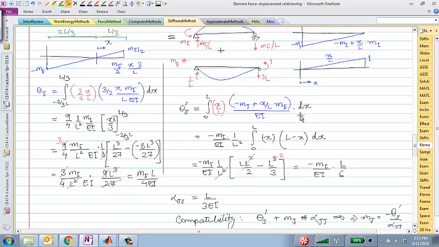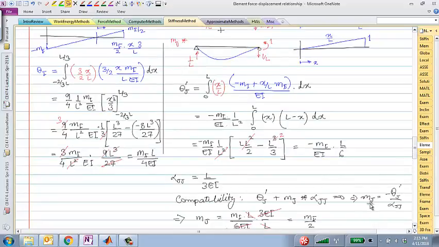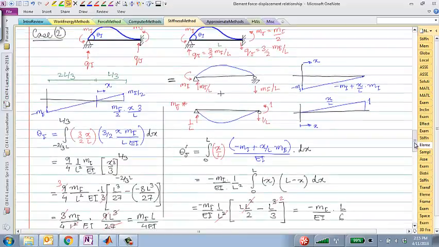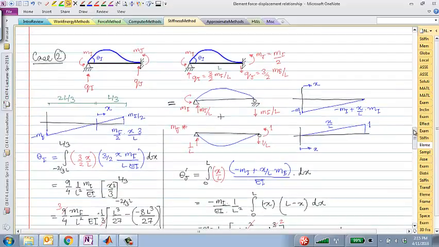Using the virtual work, you can calculate alpha jj also. That came out to be L over 3 EI. We used compatibility to then relate Mj with Mi. So all of this was, first of all, only to relate Mj to Mi.